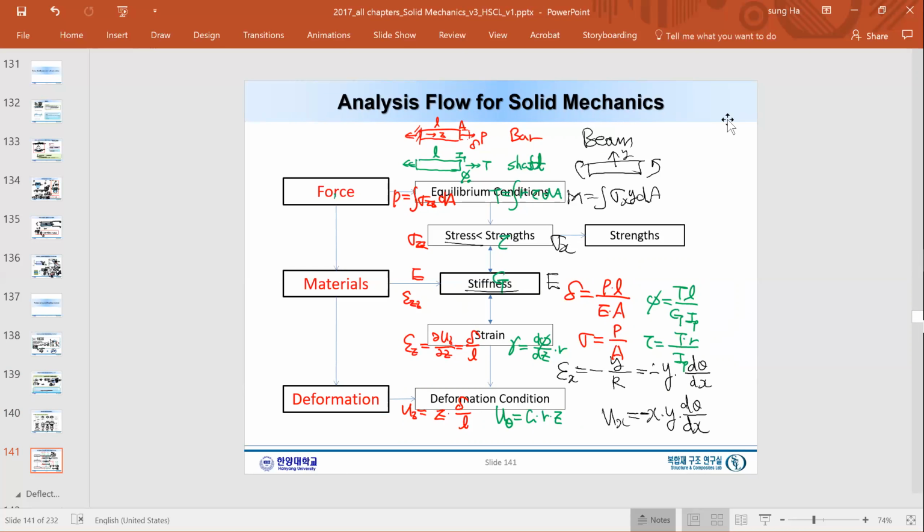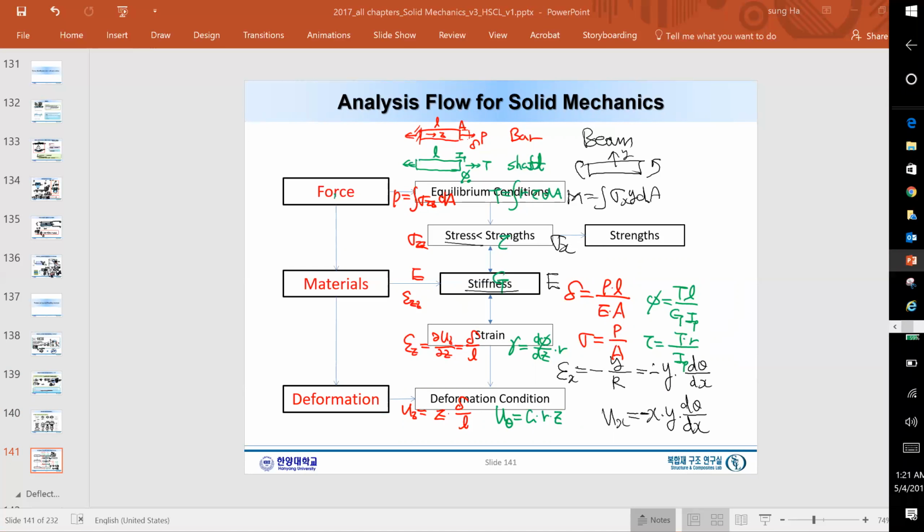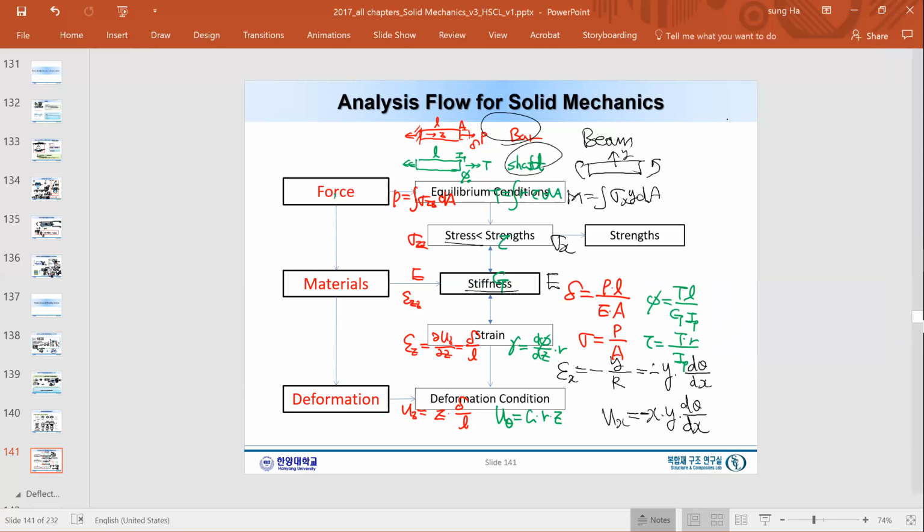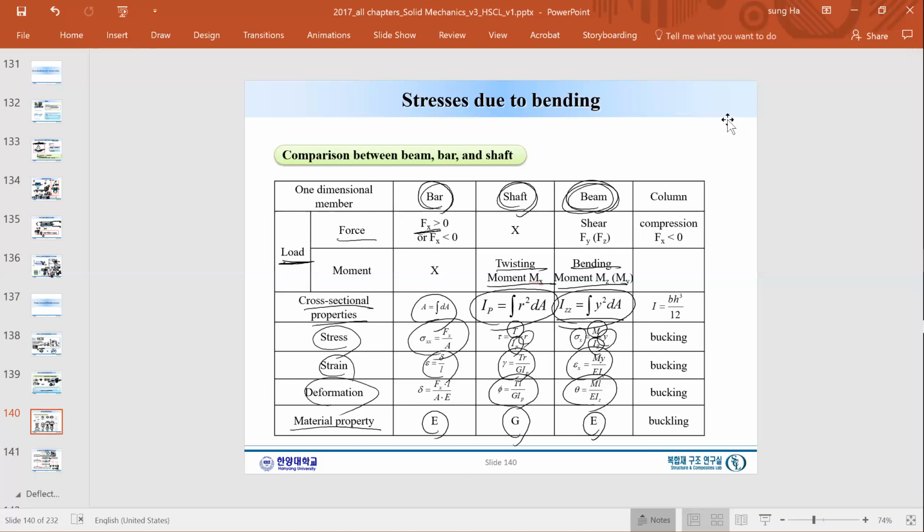So as you can see, there is a very close identity, an analogy, between the bar, the shaft, and the beam. So that was summarized here, and it is very clear.